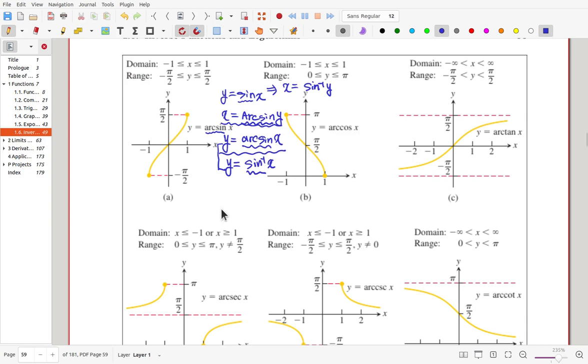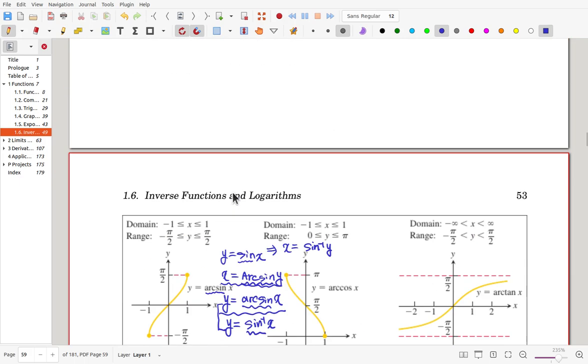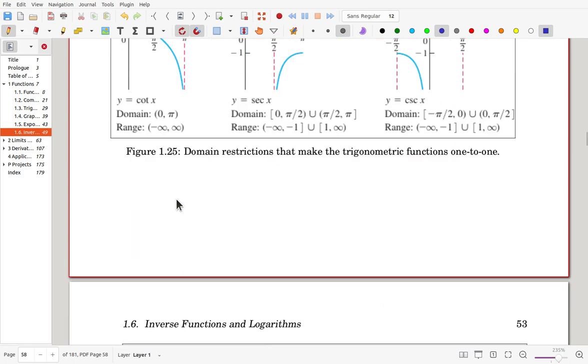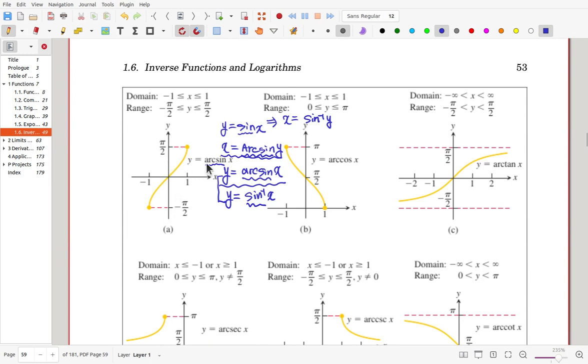The same way here, for the restricted sine x, the domain is minus pi over 2 to pi over 2 and the range is minus 1 to 1. So it is opposite for arcsine: the domain is minus 1 to 1, and the range is minus pi over 2 to pi over 2.